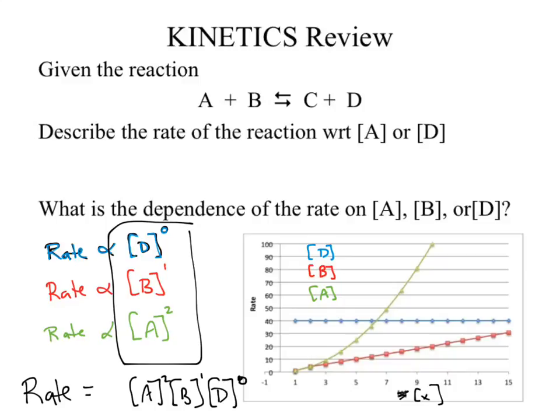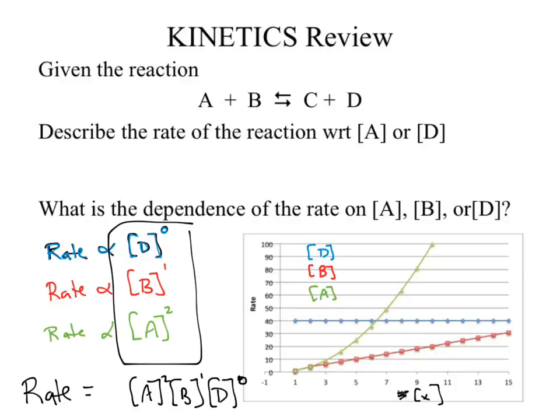We're still going to run into a slight problem here. Let's see, did I do it right? Yes, I did. Let's assume we don't change the concentration of A and we don't change the concentration of D. Our rate will be dependent solely on what?